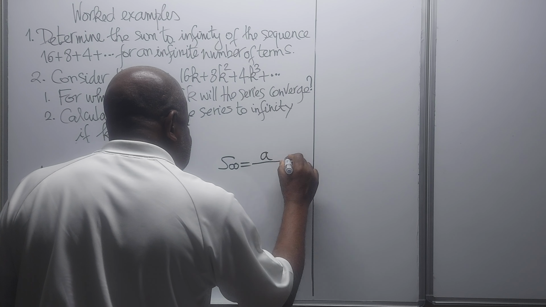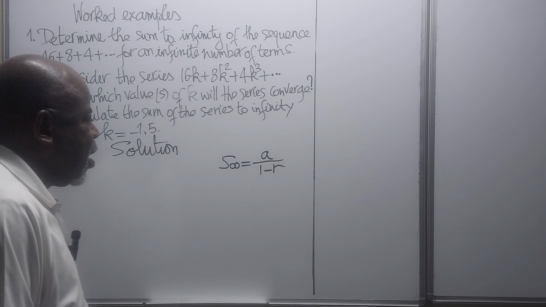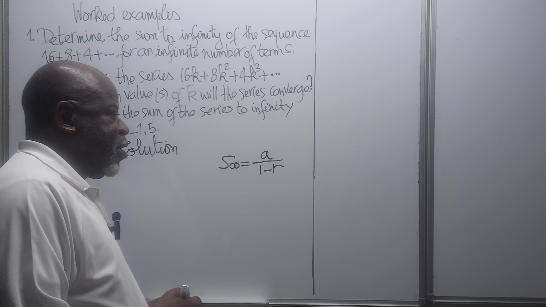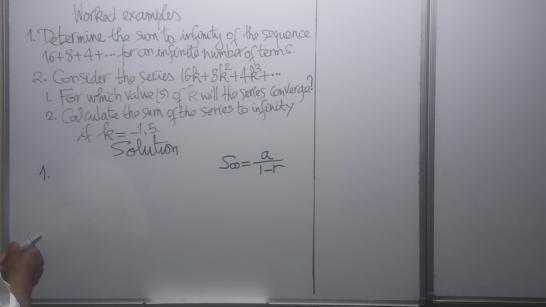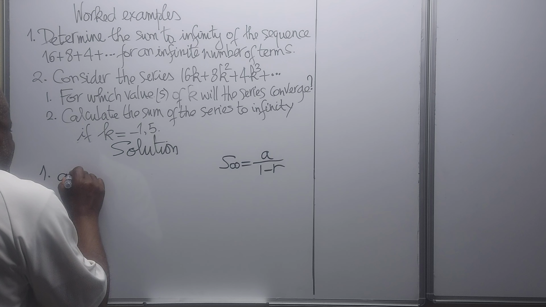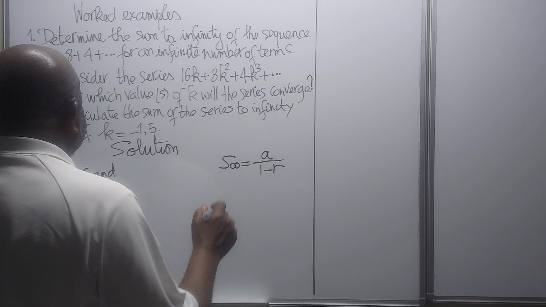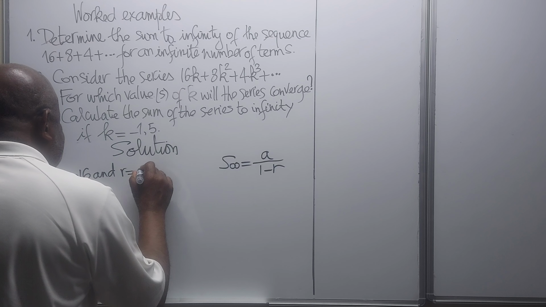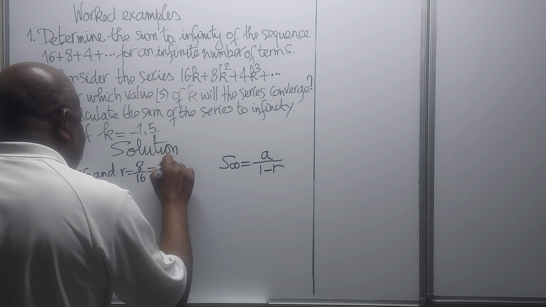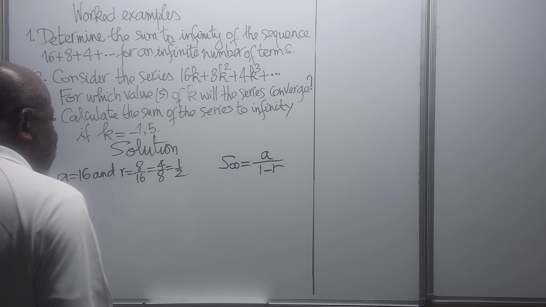Sum to infinity is equal to A over 1 minus R, R being the common ratio and A the first term of our sequence. So we will start by getting the first term, 16, and the common ratio R is equal to 8 over 16, which is equal to 4 over 8, and this will give us 1 over 2.